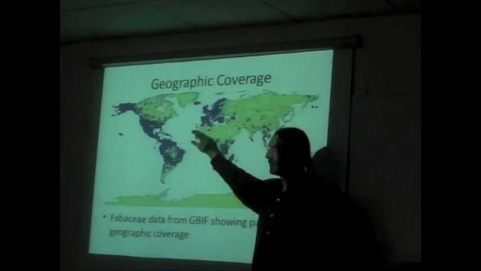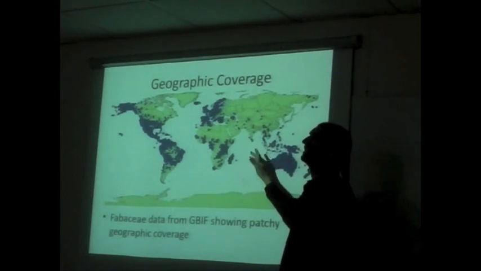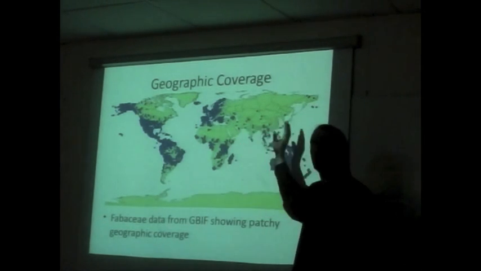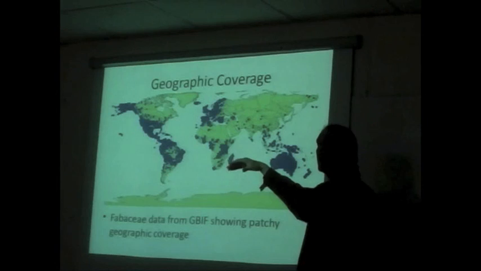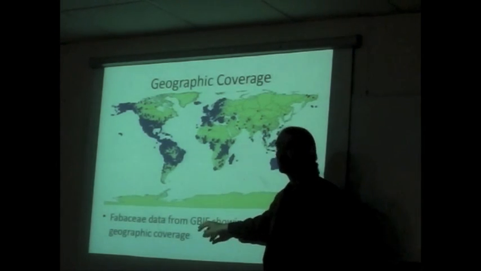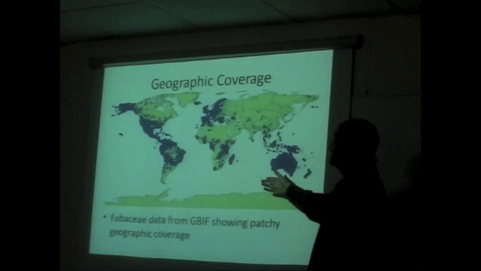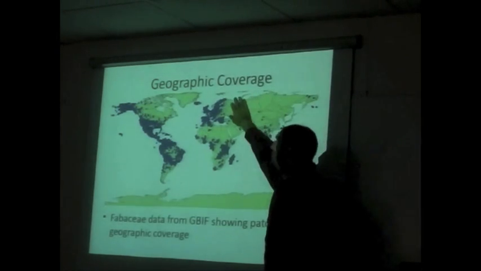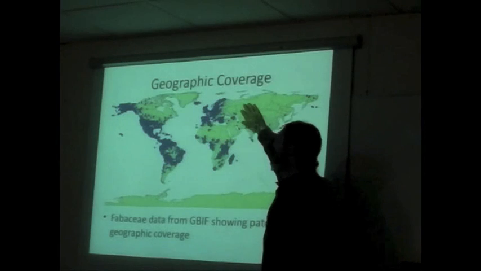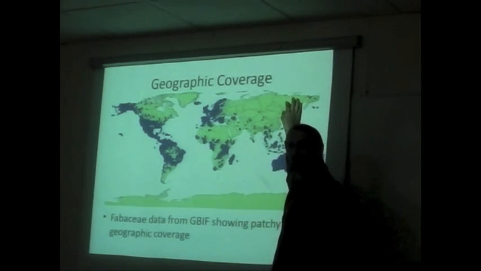So this is, as of 2007, all of the global distribution of legumes according to GBIF. And when I look at this, I see massive, great patches, and I think, are there no legumes in all of Russia?